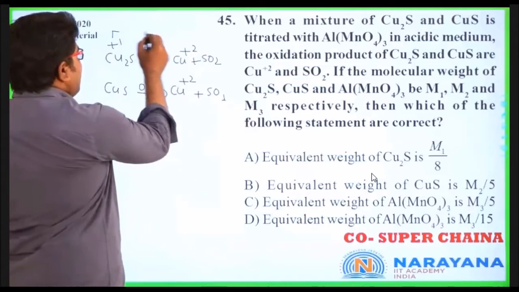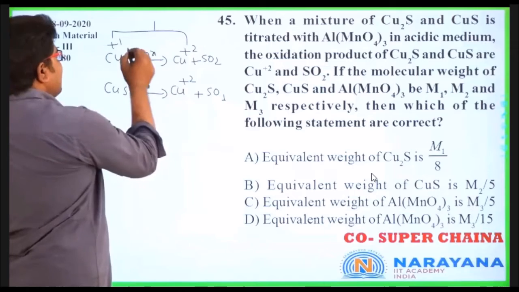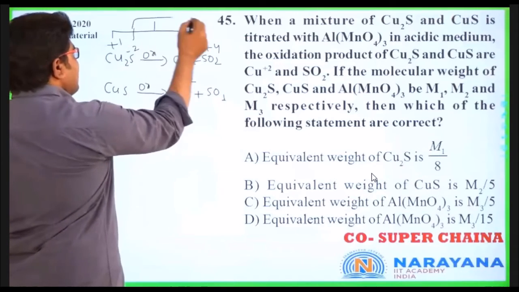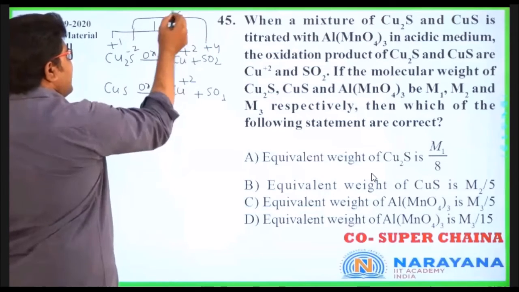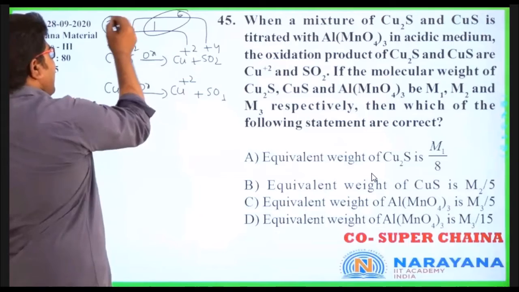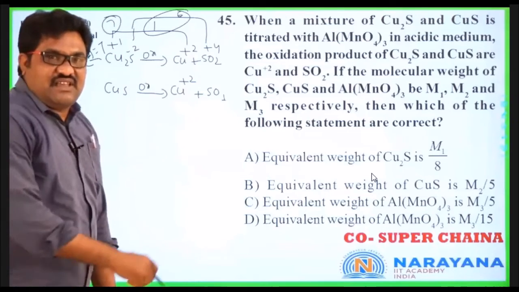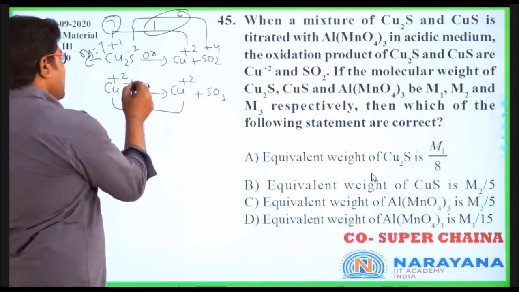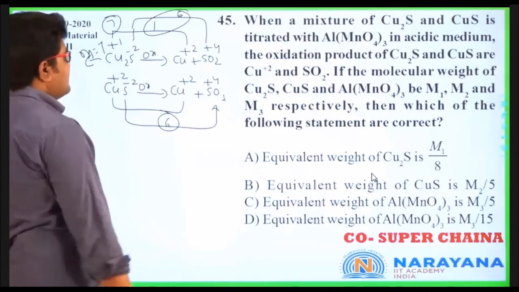So the change from here to here is 1 unit, and here S oxidation state is -2 and here +4. What is the change here? From -2 to +4, 6 units change. So the total change is 7. N factor is 7 for this. Now in CuS, +2 to +2, there is no change, but -2 to +4, the change is 6 units.